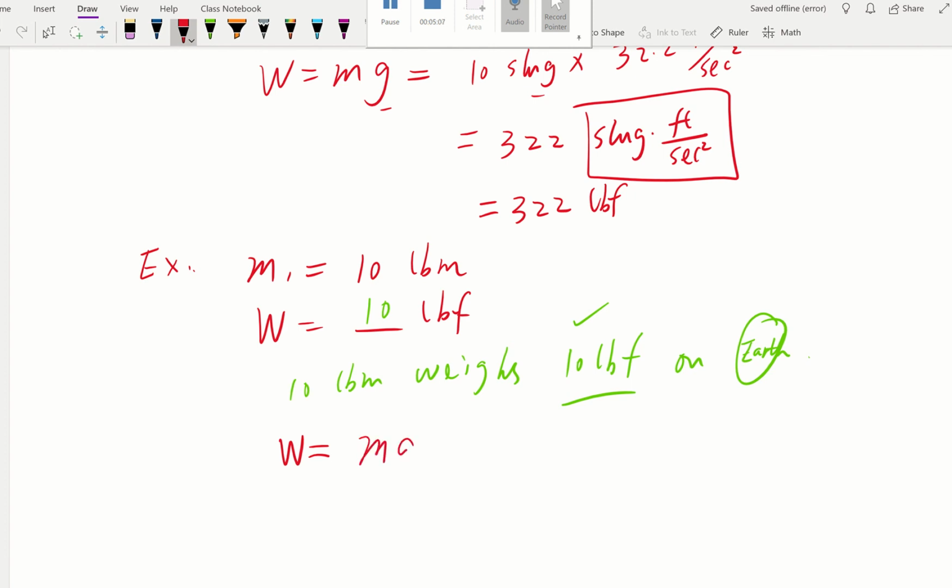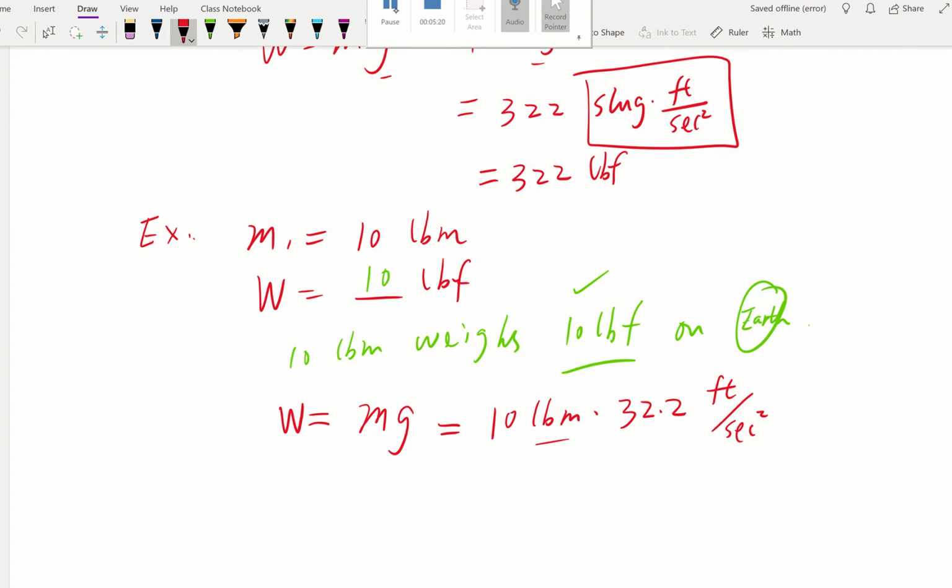We're still going to use mg, but here it's 10 pound mass, and here we use 32.2 foot per second squared. But now pound mass times foot per second squared, there's no unit for that. We have to change this pound mass to slug. How do we do that? We keep pound mass here. We want to get rid of pound mass by putting it at the bottom of the fraction, and in the numerator we want slug.